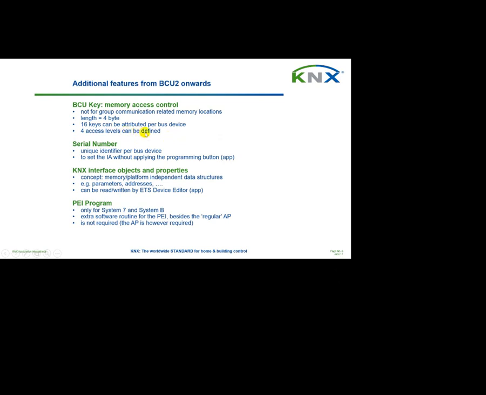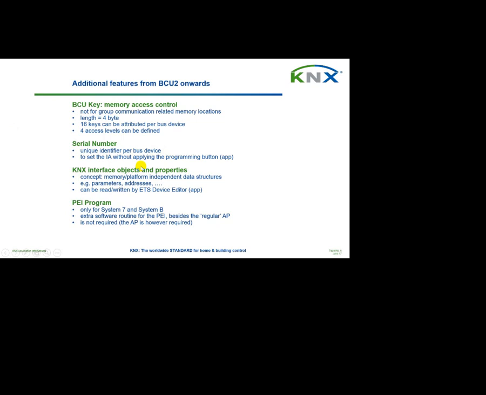That is a setting within an ETS project in order to control the memory access of those devices, or to protect that memory, so that devices cannot be programmed without this password. This has a length of 4 bytes. That means in total 16 keys can be attributed per bus device in 4 access levels.